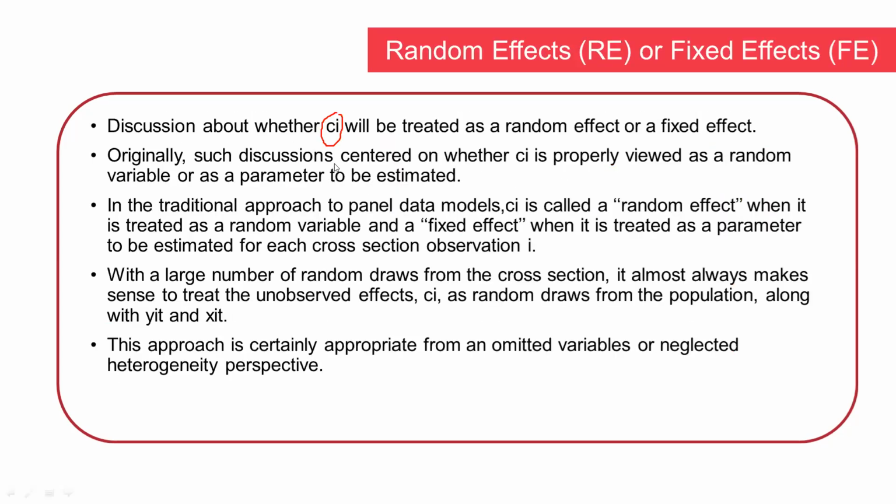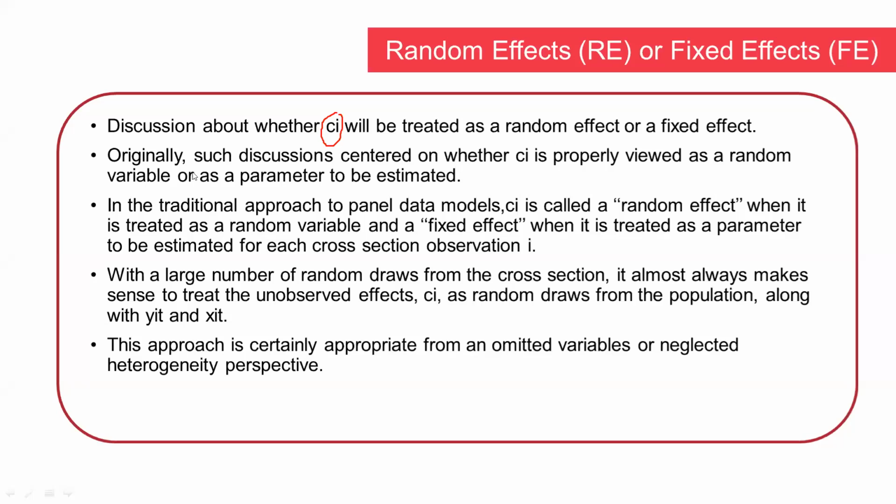So this is all about our treatment of the c_i value. And also, simply, this is a discussion about whether c_i is treated as a random variable or a factor that doesn't change over time. So we need to look at that matter first, then after that we can go to the example.